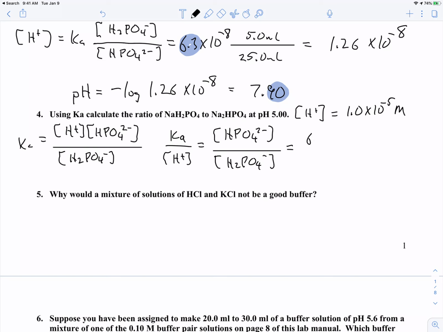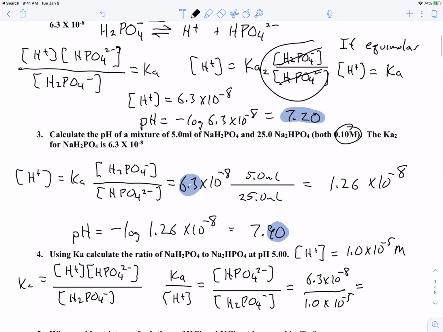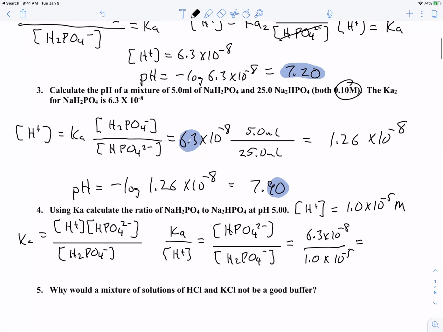Ka is 6.3 times 10 to the minus 8th. And the hydrogen ion concentration at pH 5 is 1.0 times 10 to the minus 5th. So instead of our ratio being like we had up here 1 to 1, or here 5 to 25, those are very easy ratios to mix.